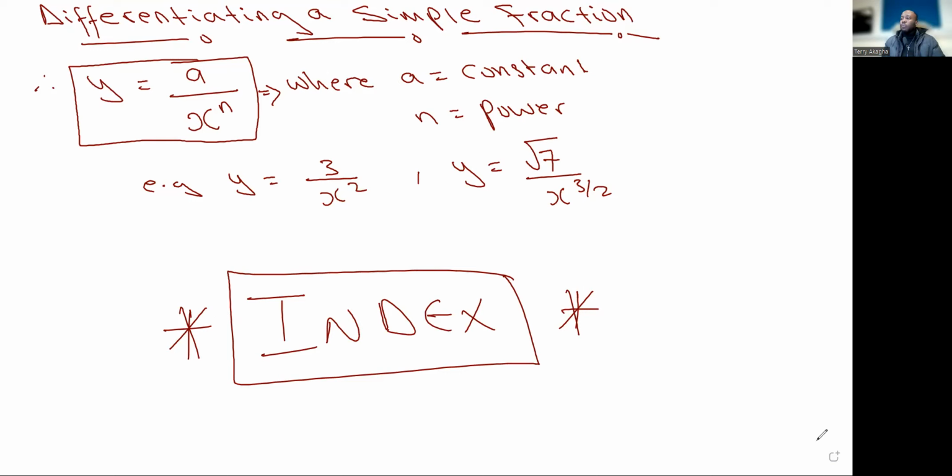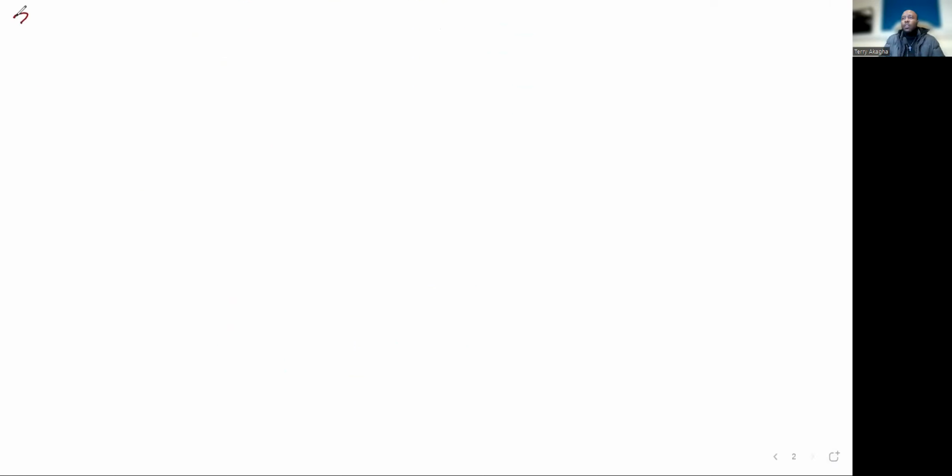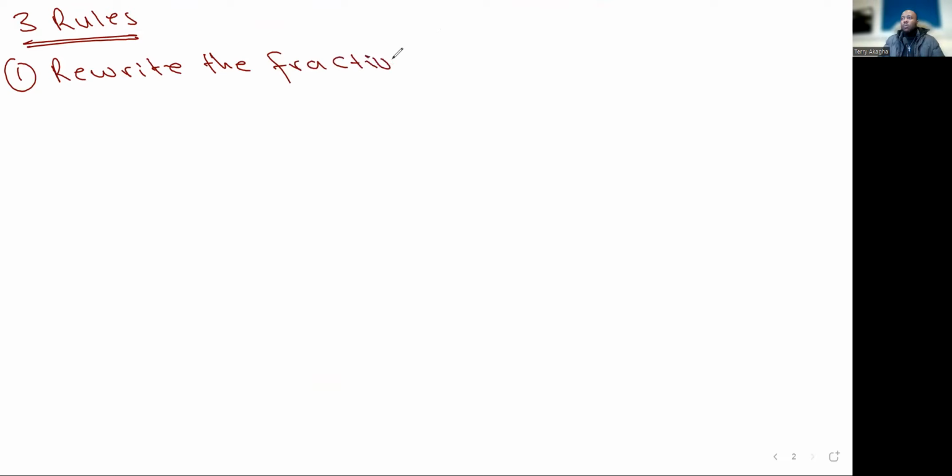So let's go. So there are 3 rules or 3 steps, okay? There are 3 rules to solve this question. So the first thing you do is that you have to rewrite the fraction in an index form.